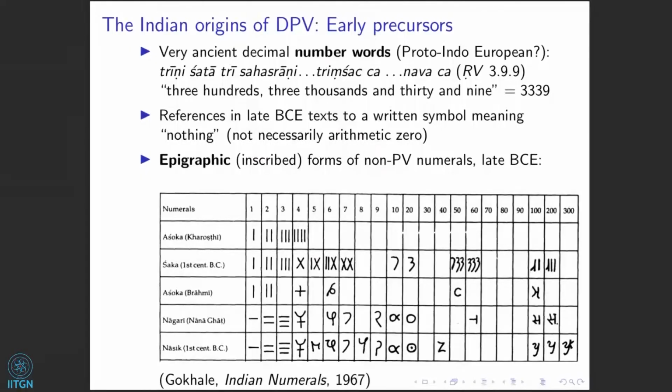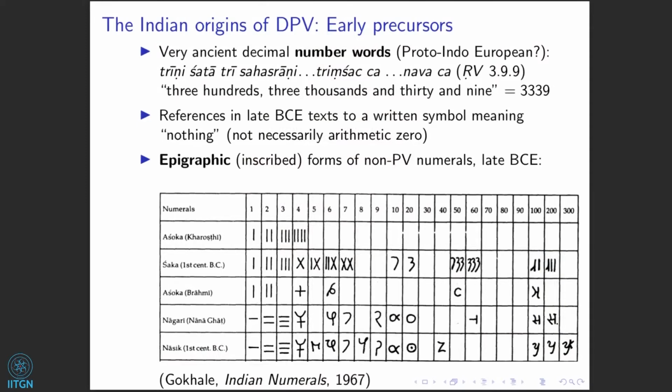What we have at the level of written characters in the same approximate time period, late BCE, is a variety of epigraphic evidence, that is from stone inscriptions and copper plate inscriptions and so forth, of numerals that are decimal but not place value.